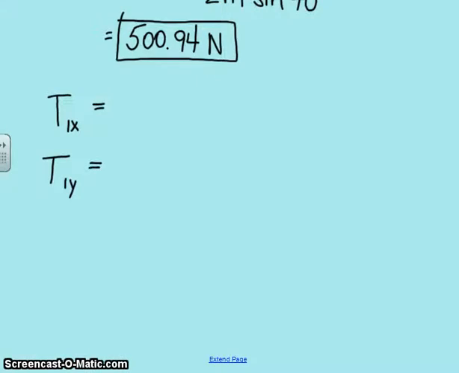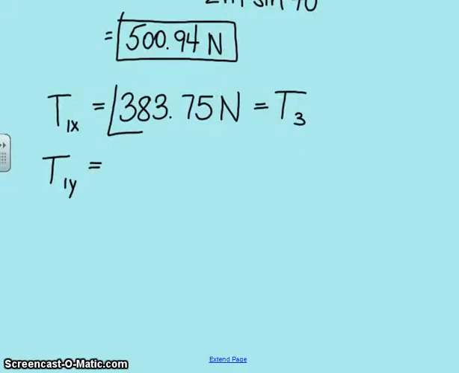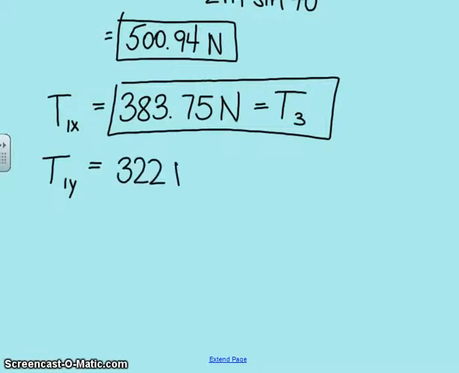T1x is just that magnitude of T1 times cosine of 40 degrees. I get 383.75 newtons. That happens to be equal to T3. So that's another one of my unknowns. And T1y is 322 newtons. That's just that magnitude 500.94, this time times the sine of 40 degrees.